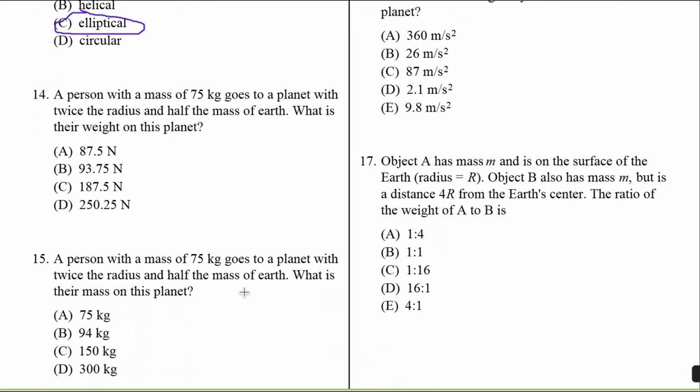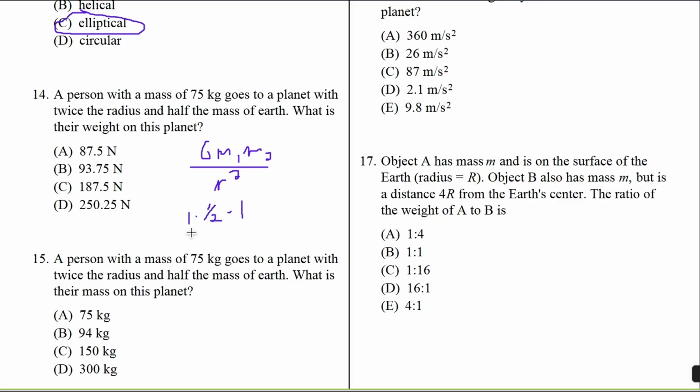Question 14. We have a person with a mass of 75 going onto a planet that has twice the radius and half the mass of Earth. What is the new weight? So we're using the 1-1 method with G m1 m2 over r squared. G stays the same. The mass of the planet, they said, is half the mass of Earth.